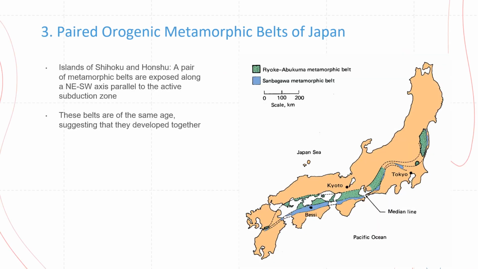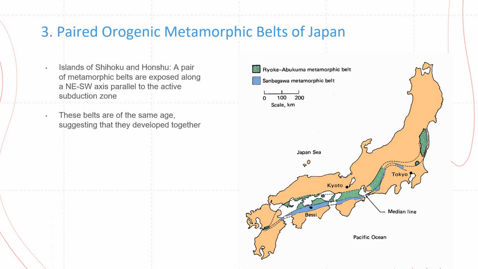The third example on our list are the paired orogenic metamorphic belts of Japan. So here we have the islands of Shikoku and Honshu, where a pair of metamorphic belts are exposed along the northeast-southwest axes parallel to the active subduction zone. So these belts are of the same age.